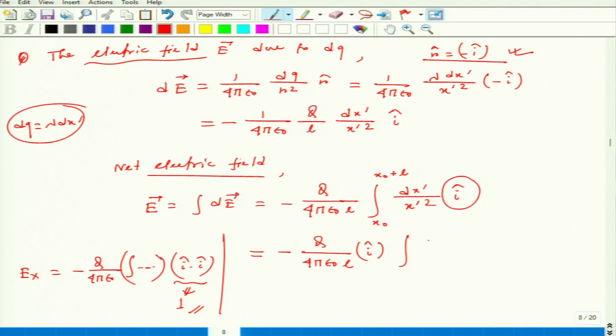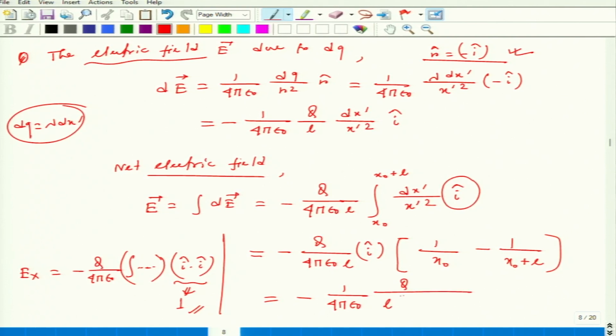Solve the integral and put in the limits, and we get 1 over x naught minus 1 over x naught plus L. Then this becomes minus 1 over 4 pi epsilon naught q over L times L over x naught times x naught plus L. The L cancels in the numerator and denominator, and we are left with this.